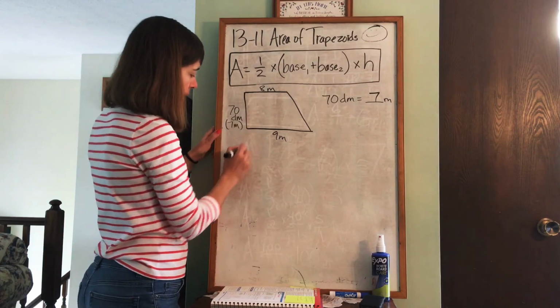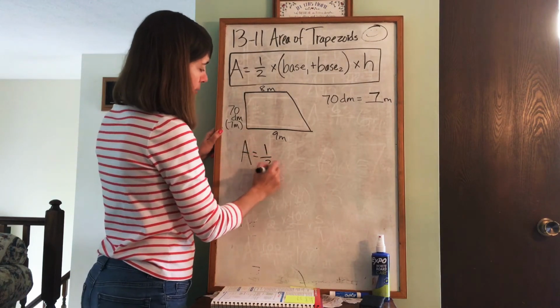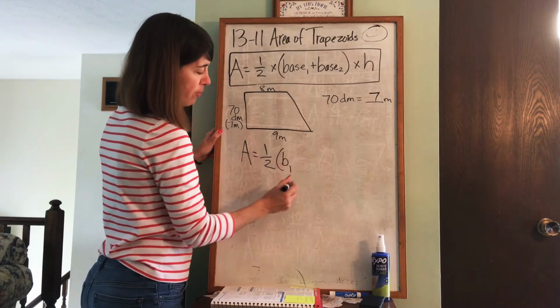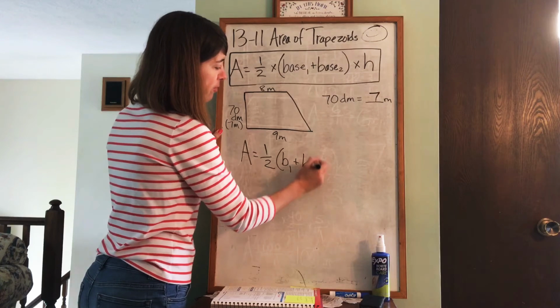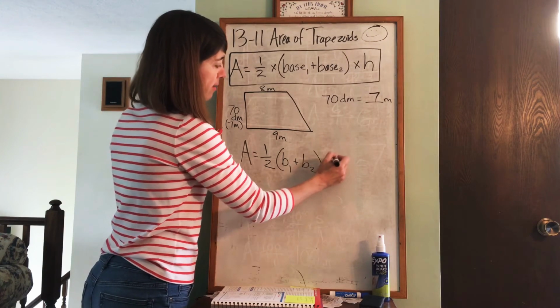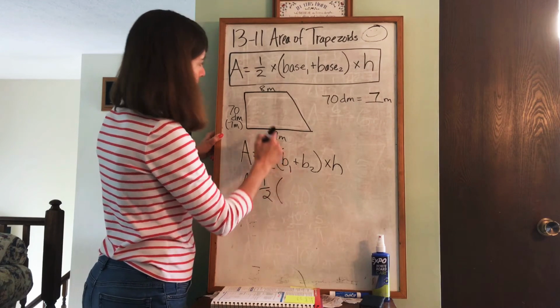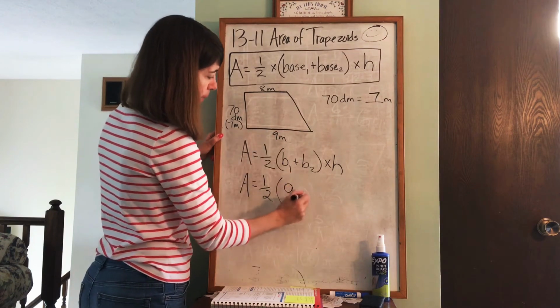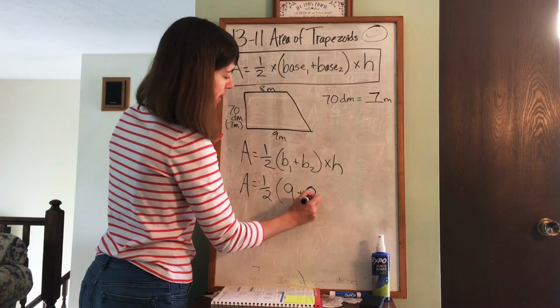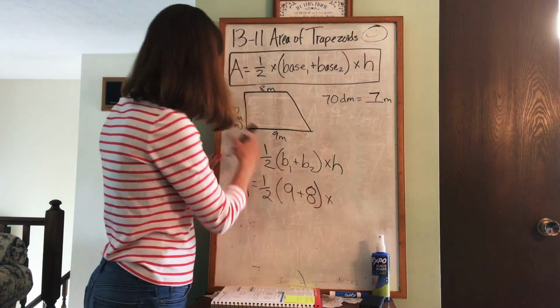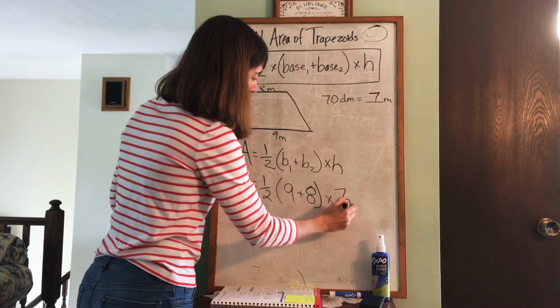So again, using our formula, area equals half times base 1, which you can also just put B1 plus B2 instead of writing out base, times height. So area equals half, base 1 is 9, base 2 is 8. Again, it doesn't matter if you switch those, you're still going to come out with the same answer, times the height, which we figured out was 7 meters.